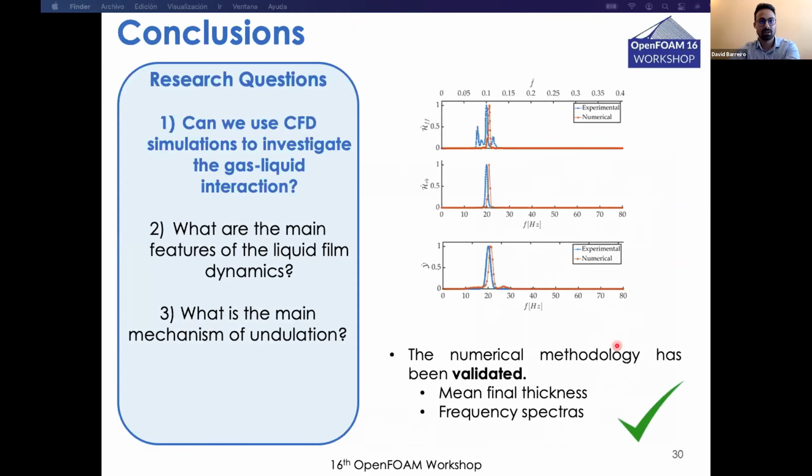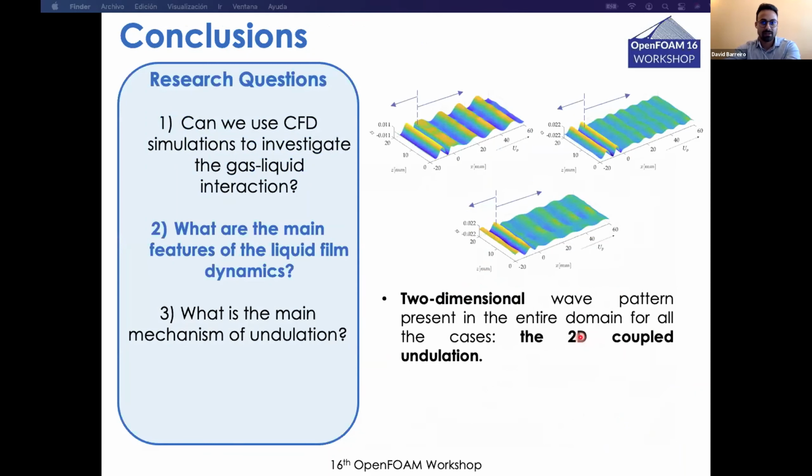So just to conclude, I come back to the initial questions. The CFD simulations have been validated in terms of the main features of the film and gas dynamics. We found that the wave patterns are essentially two-dimensional in origin, even when the flow in the liquid seems to be 3D. And we named this pattern the two-decoupled undulation.